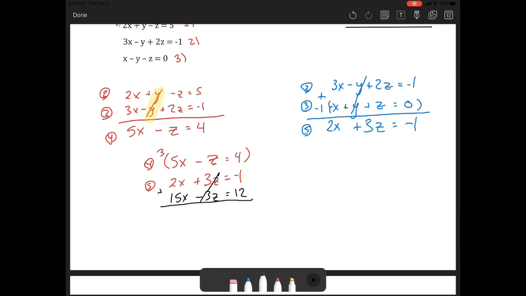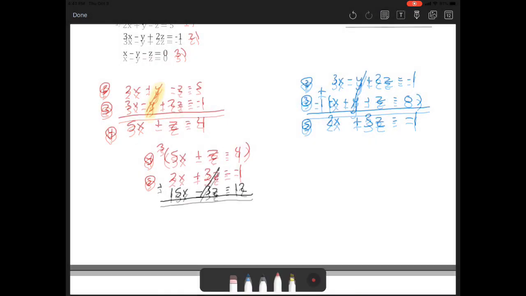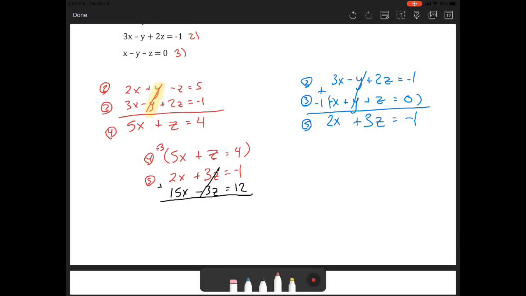And I'll end up with negative 3 that we're going to multiply by. So I'm going to have negative 15 and then negative 3z and negative 12. So doing that, I'm going to end up with negative 13x equals negative 13. Divide by negative 13 on both sides and get x equals 1.